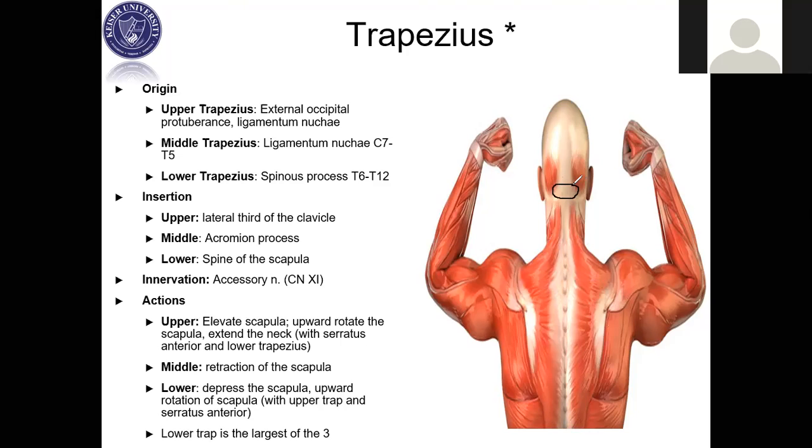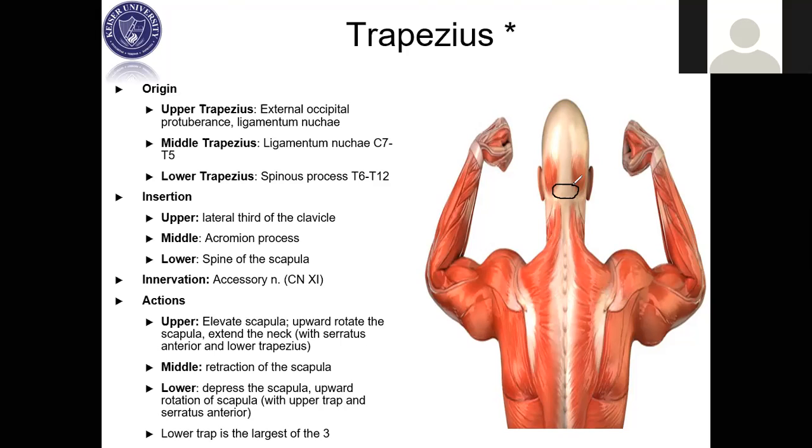For your practical, you're just going to have to tell me what bone this is. It's the occiput. But you need to know the landmarks of these bones, and the reason you need to know the landmarks is because these muscles are on them.